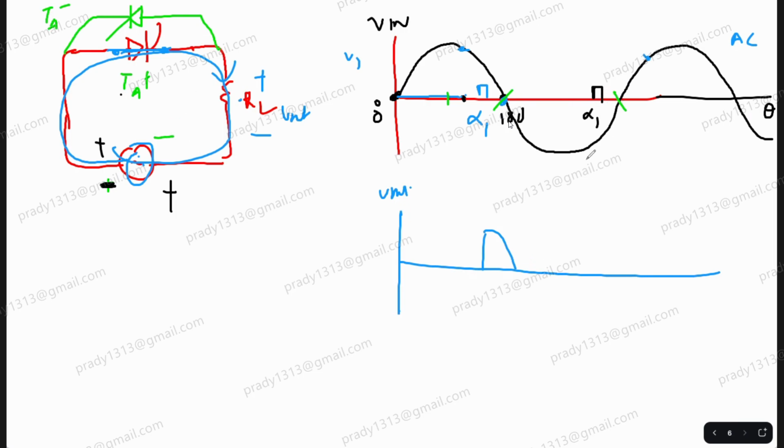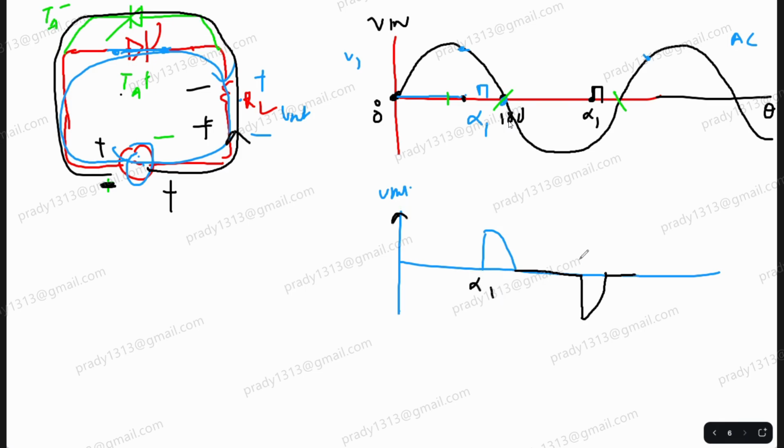So it will start conducting at this firing angle, like this. So has the current through the load reversed? Yes, it has. So this will be the output. Is this AC or DC? AC. This is AC.